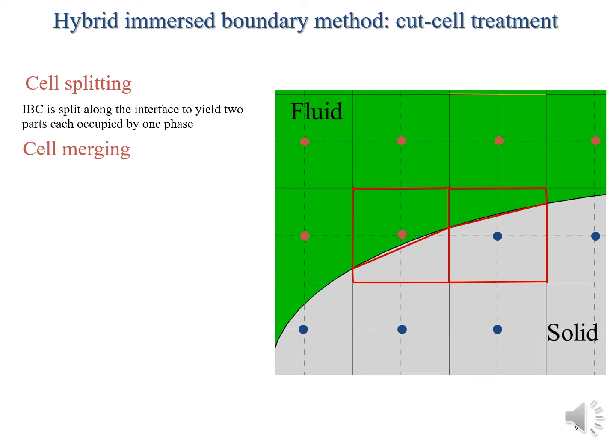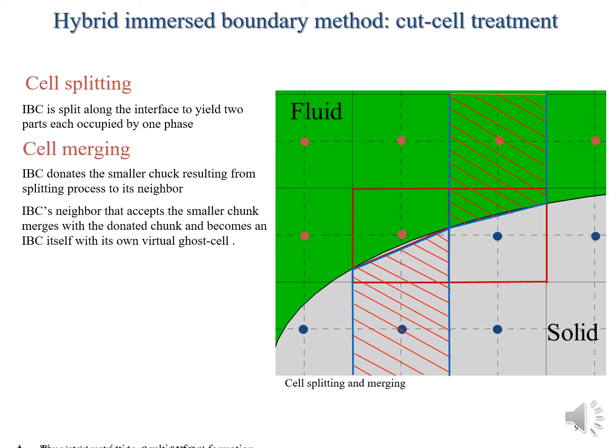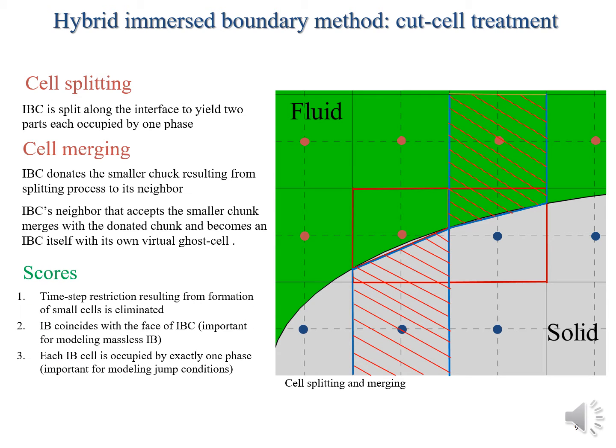The next procedure is cell merging. In cell merging, the smaller portion of the cell is added to the neighboring cell that is in the same phase as itself, so that we have a bigger cell. Instead of having smaller cells from the cutting process, we merge them to form an even bigger cell. That way we can eliminate the time step restriction, as you can see in this figure. So instead of very small cells, we have some very big cells.